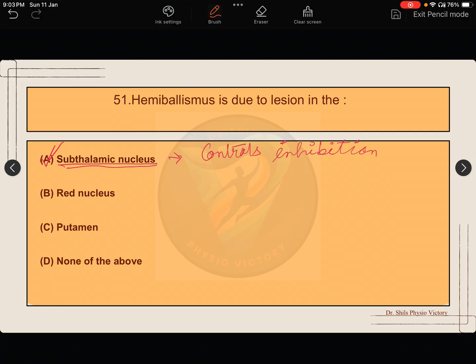inhibition of excessive movement. So, if there is a lesion in the subthalamic nucleus, it comes out with wild flinging.